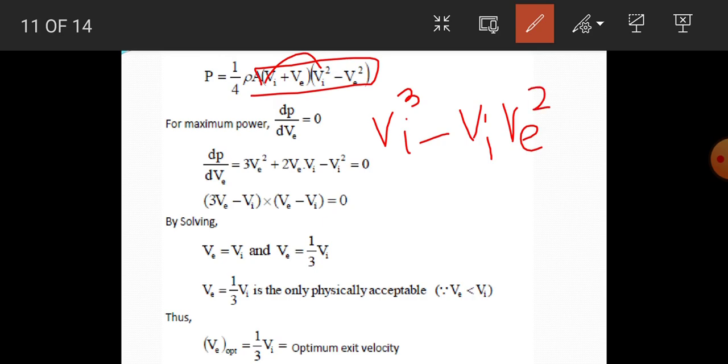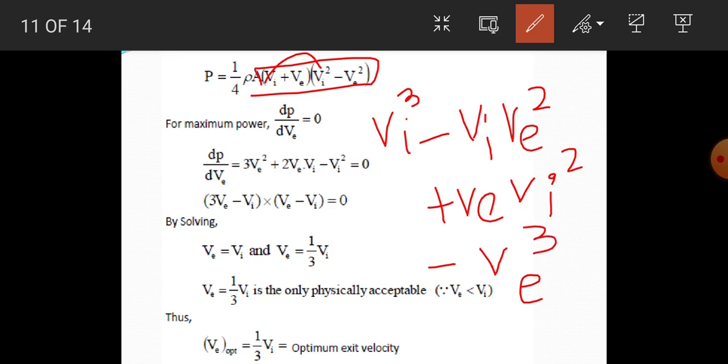Then with a plus sign we will get ve into vi square. Then with a minus sign we will get ve cube.